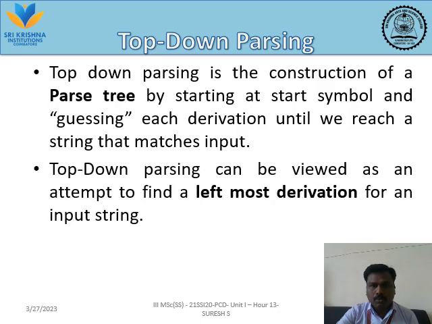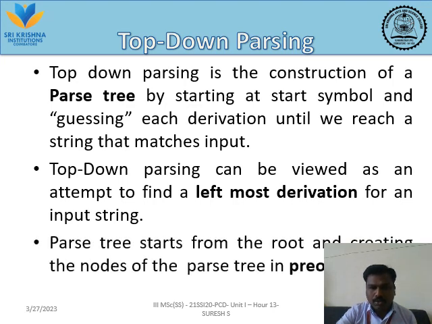Now, what is top-down parsing? Parsing can be viewed as an attempt to find a leftmost derivation for an input string. So you should know what is leftmost derivation, and also what is rightmost derivation. The parse tree starts from the root and creates the nodes of the parse tree in pre-order traversal.